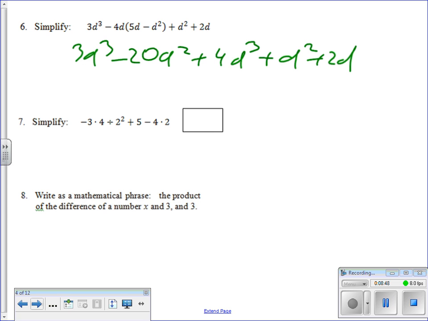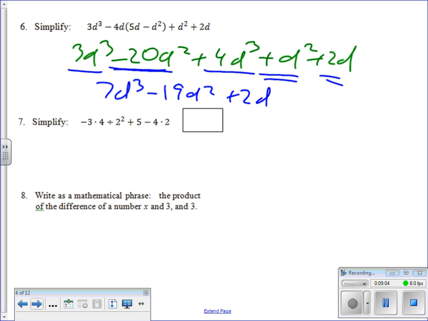And then I look for like terms. 3d cubed, 4d cubed gives me 7d cubed. Negative 20d squared plus 1d squared is negative 19d squared. And then plus 2d.